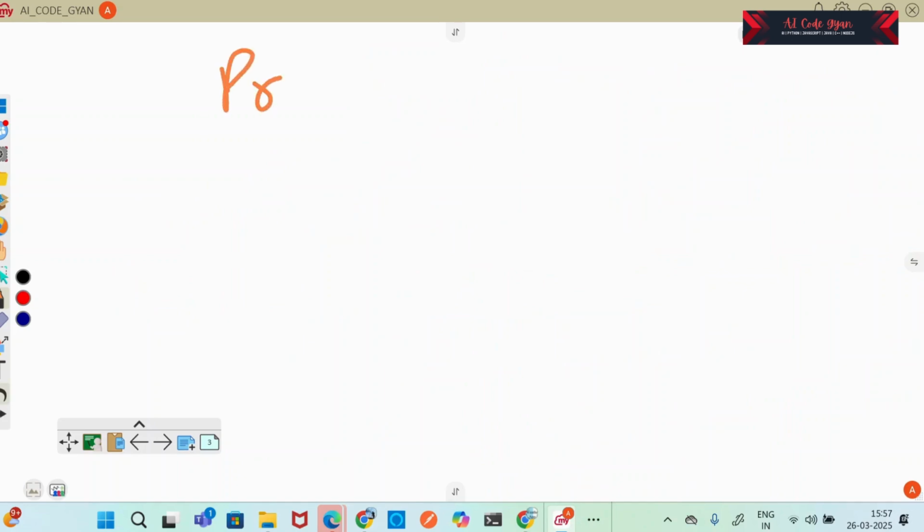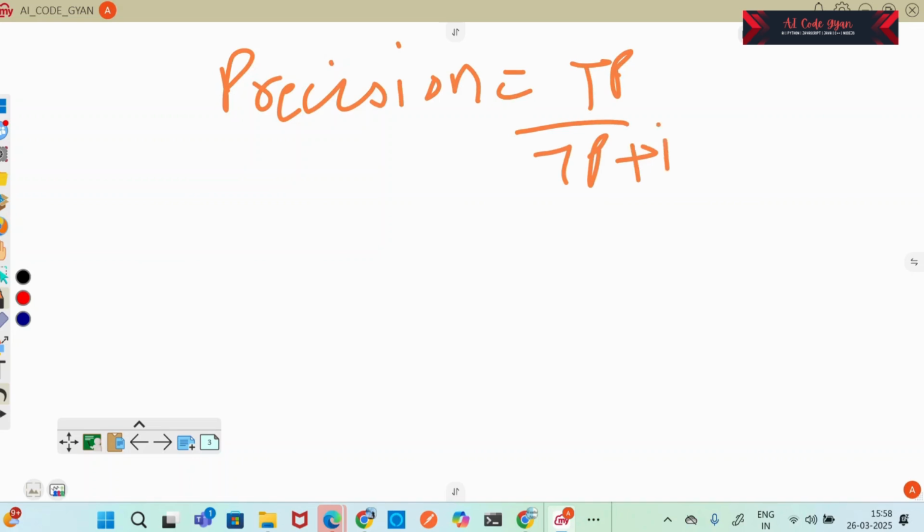Next one is precision. Precision is calculated as TP divided by TP plus FP. That means it is a measure of true positives divided by the predicted positives. So what does this mean?